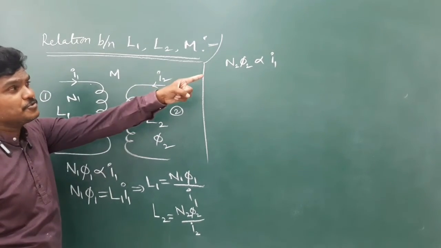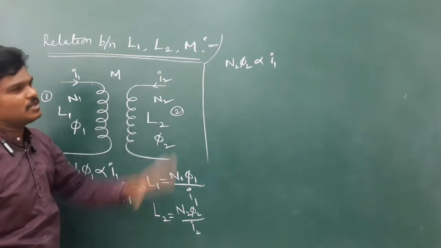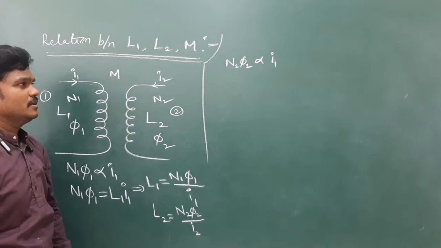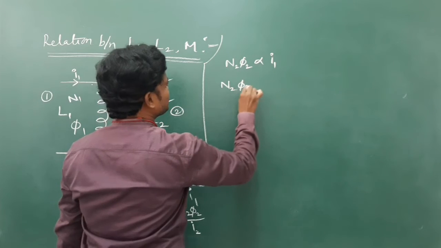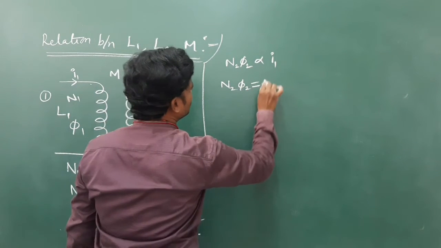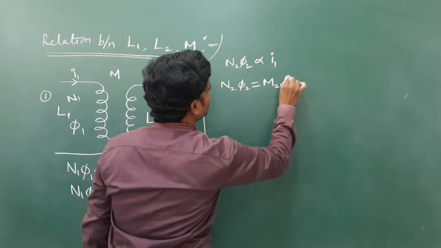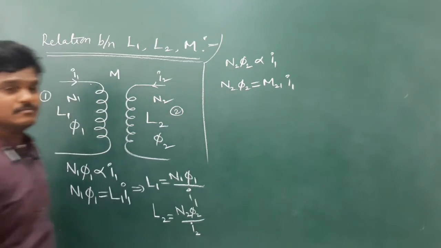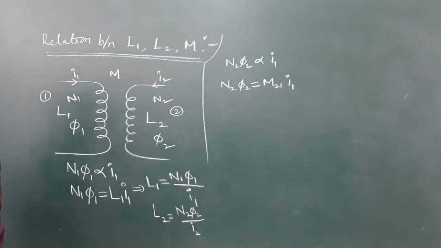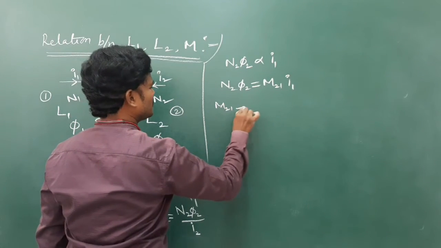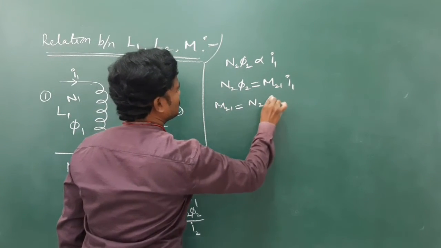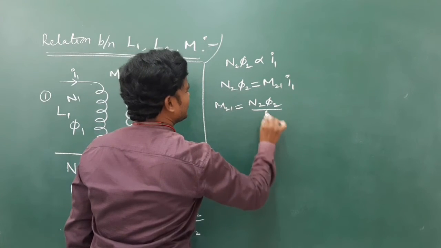Then you will get a mutual inductance of 1 with respect to 2 or 2 with respect to 1. So N2 phi 2 is equivalent to M21 I1, mutual inductance of 2 with respect to 1. Now I got M21: M21 is N2 phi 2 by I1.